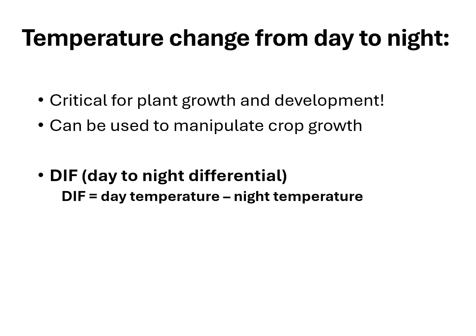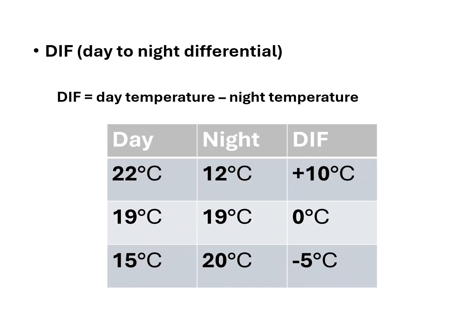So the change between day and night, this is where we start to play with plants and to manipulate them. Something called diff, day to night differential. When we diff plants, that means that we're changing the day and night temperatures to manipulate the crop. Typically what that means is you take the day temperature and subtract the night temperature.